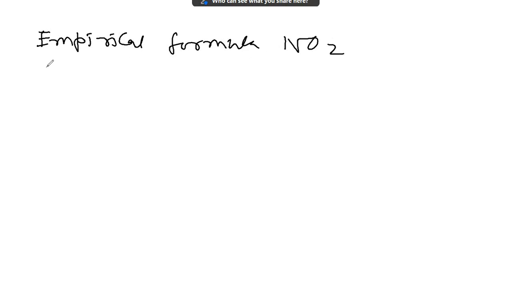So the empirical formula, what we found out? NO2. Molecular weight is given as 92.